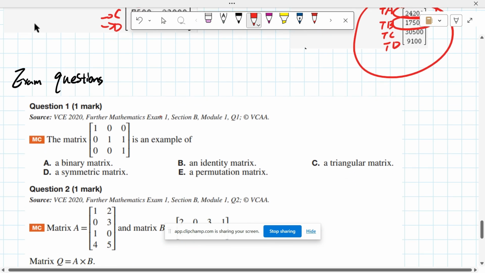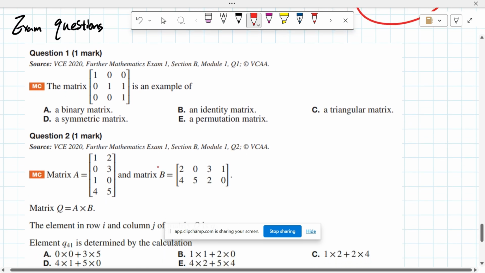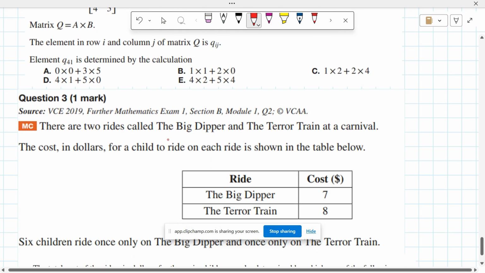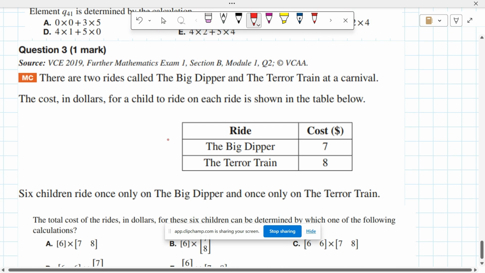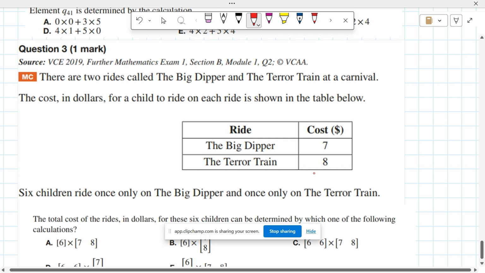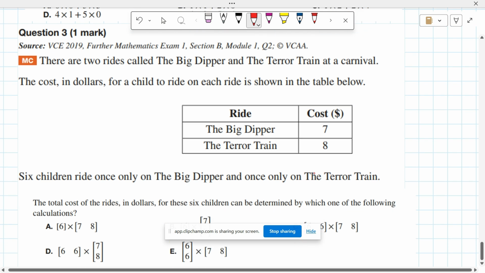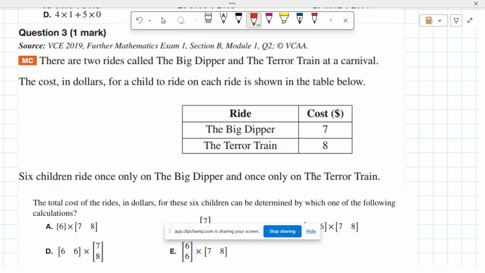Okay, now let's have a look at this question, maybe question 3. We do one exam question. We have the Big Dipper and the Terror Train, with the cost of adults' and children's rides in the table below. The Big Dipper will be $7 and the Terror Train will be $8.